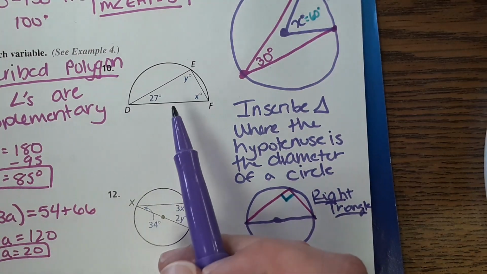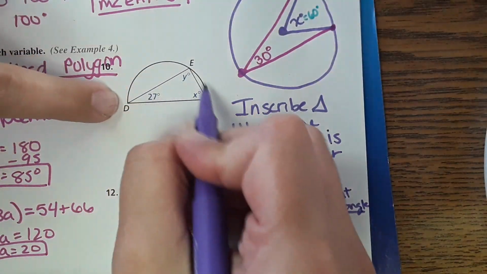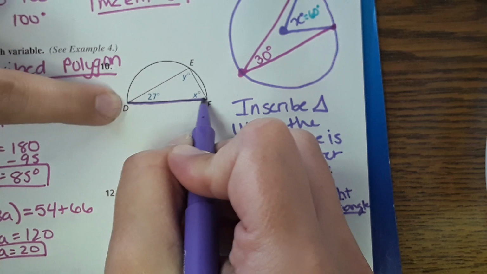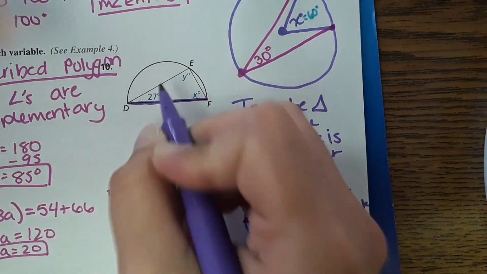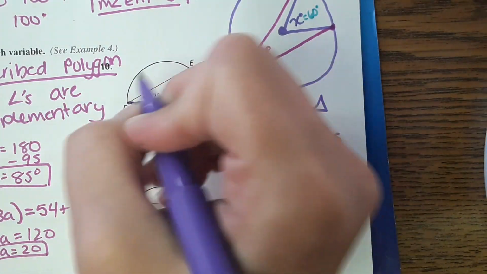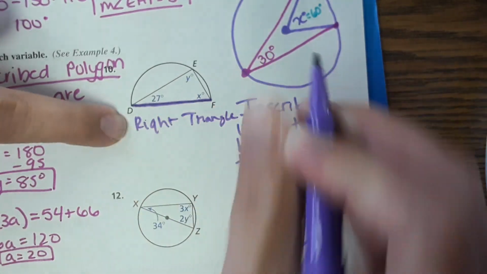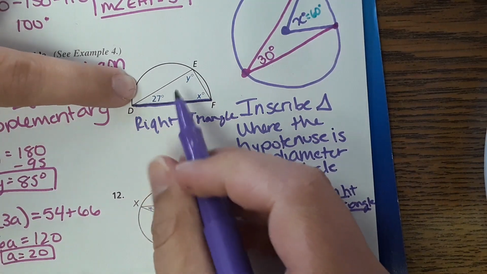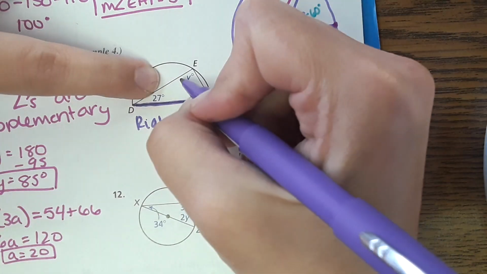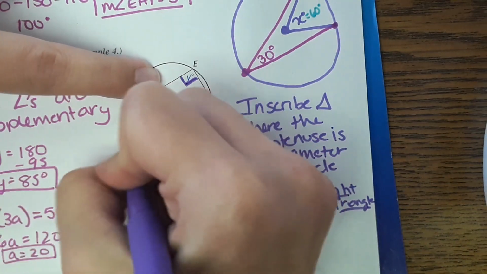Okay, so for number 10, it shows that we have a semicircle. It shows this would be like the diameter of the circle. We have a triangle, so therefore this is a right triangle. It's asking for the angle measures here because it's a right triangle. Y is going to be 90 degrees.